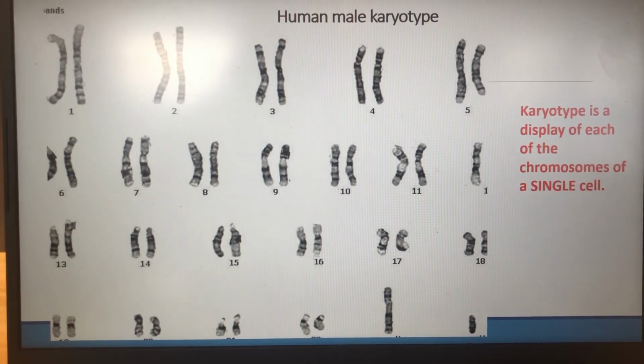A karyotype displays the chromosomes in one cell. This is an example of a human one. Why are there no homologous pairs here? These are the sex chromosomes, the X and the Y. And so every cell would have all of these chromosomes in it.